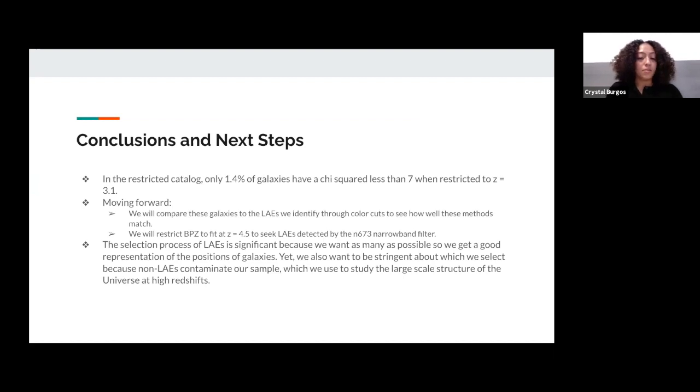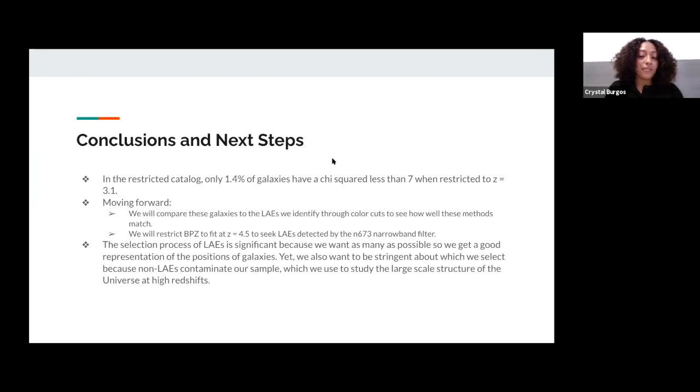And we'll also be able to restrict BPZ to fit at a different redshift, 4.5, so that we can also look at the LAEs that are detected by the N673 narrowband filter, not just the N501 narrowband.